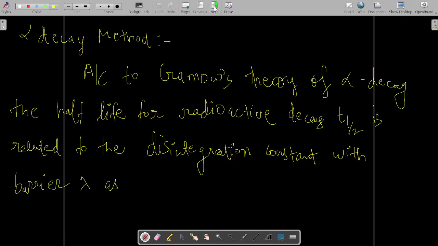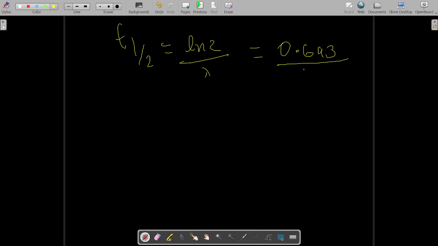T half will be ln2 by lambda, and this ln2 value comes out to be 0.693, divided by lambda. Let this be equation number 1.